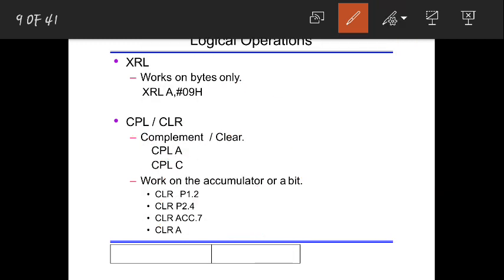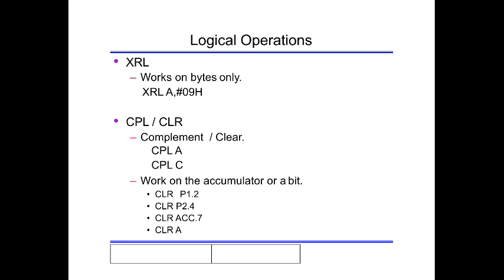This is for byte. Now here I can use CPL, also for ports, accumulator, all the bit instructions. That means if I give A, it will become A bar. So for clear you are using bit operations.